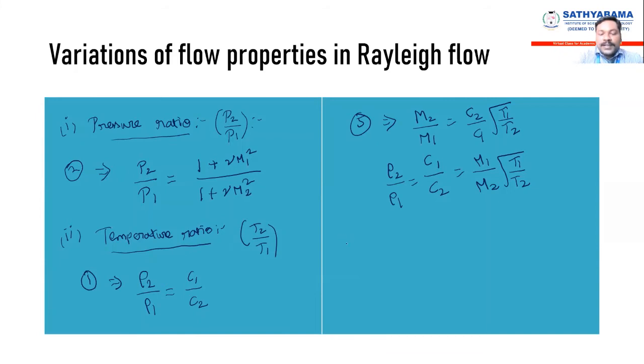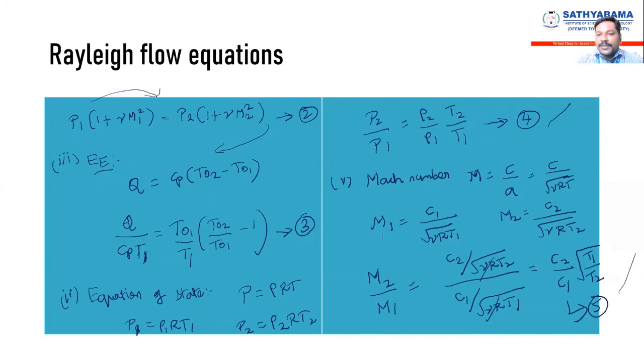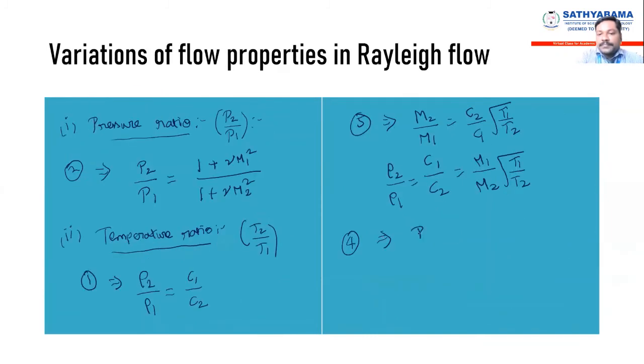Now with the help of equation number 4, what is your equation number 4? P2 by P1 equal to rho 2 by rho 1 into T2 by T1. So this is the equation. Just substitute the rho 2 by rho 1 value here.